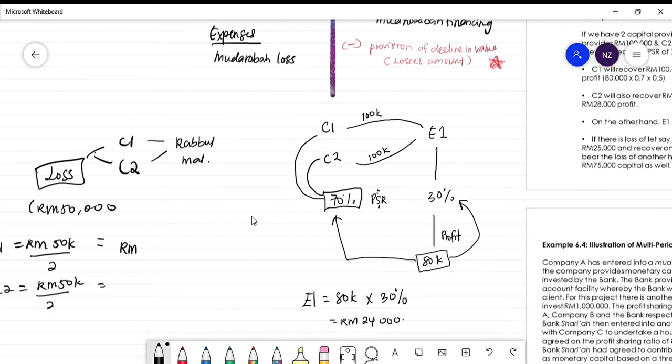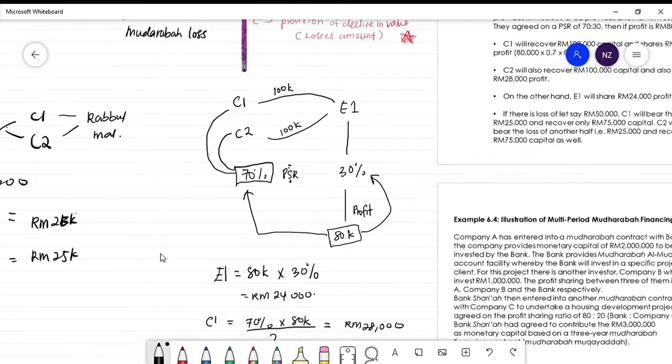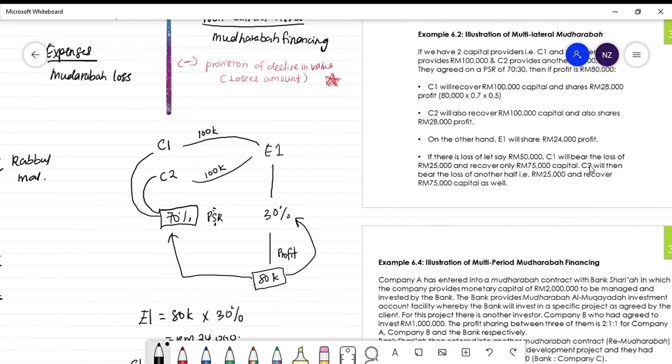As usual, the 25k here will be deducted from the capital amount, and it will be recorded in the provision. So as it says here, C1 will bear the loss of 25k and recover only RM75,000 capital, because the loss is deducted from the 100,000 capital, so he only gets 75,000. Same as C2.